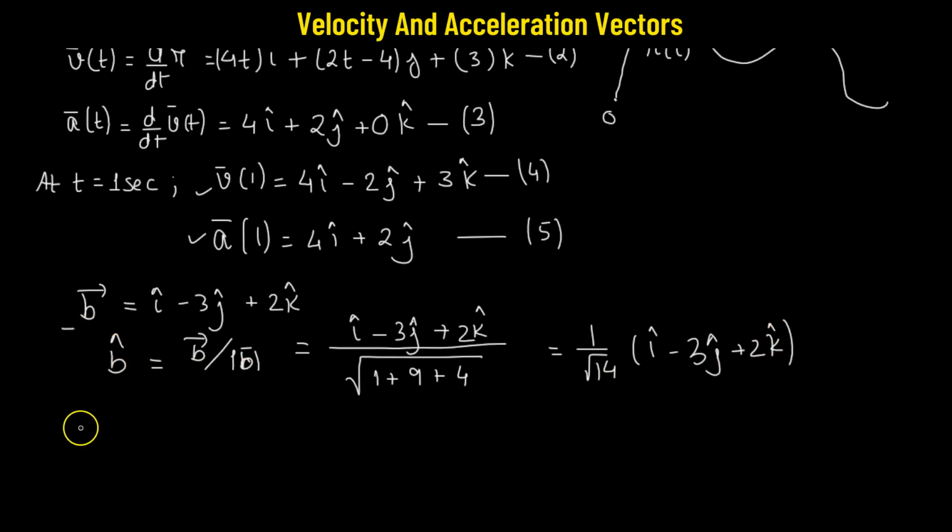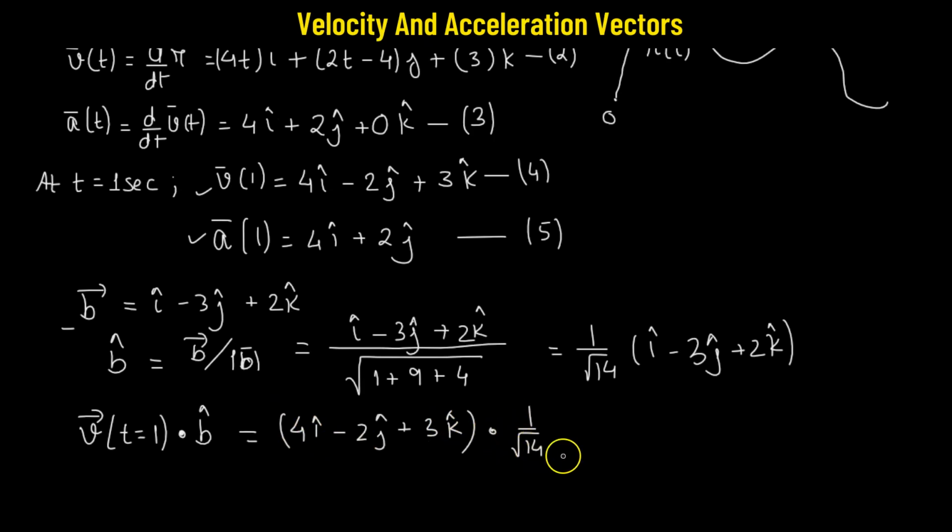What we have to do is obtain the component of the velocity vector calculated at time t equals 1 along the direction of vector b. To do that, all we have to do is take the dot product with b cap. So this will give us the component of the velocity along the b cap direction. So our velocity vector v is 4i cap minus 2j cap plus 3k cap. This will be dotted with 1 over square root of 14 times i cap minus 3j cap plus 2k cap.